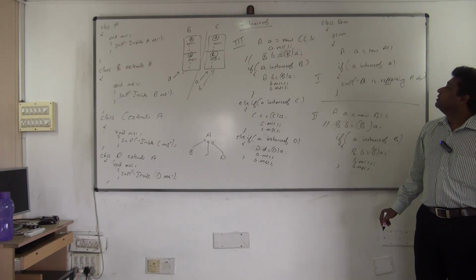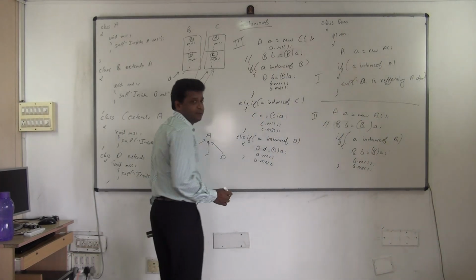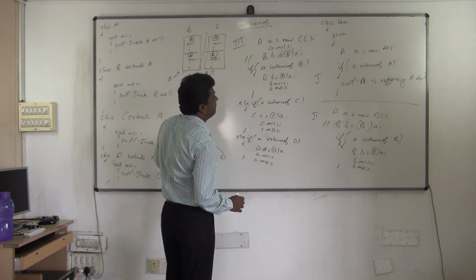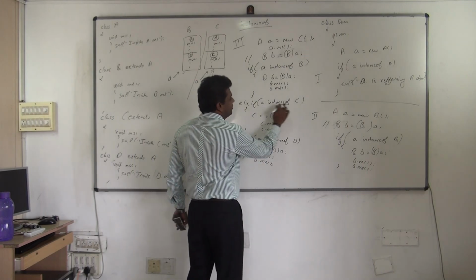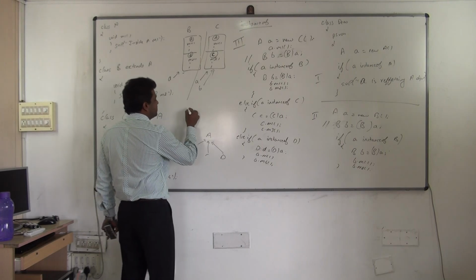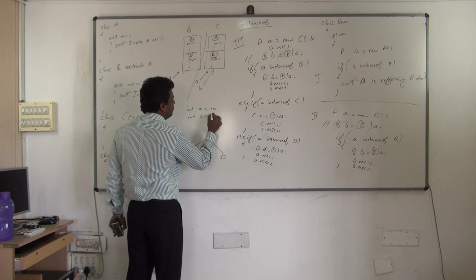Okay, now one more thing. Like this we typecast. Let me put it here now. See, this is an operator. Generally, how do you write an operator? Int A is equal to 10. Int B is equal to 2.